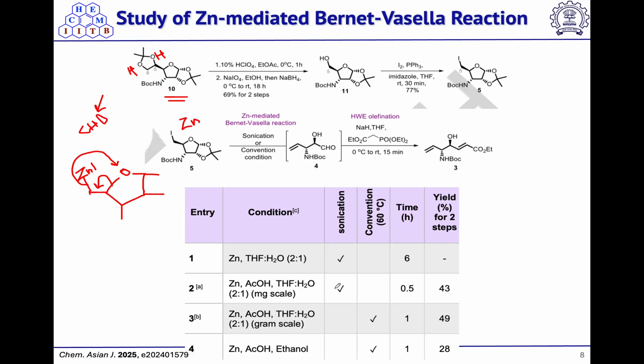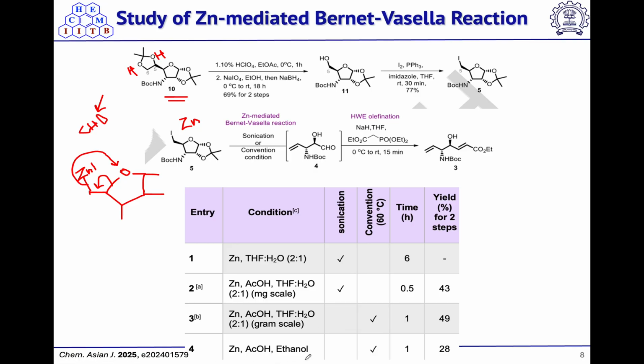Now, without sonication, they used conventional heating at 60 degrees. On gram scale, in the same condition, they got this compound within 1 hour in 49% yield. And for bulk, they still want to get the product.